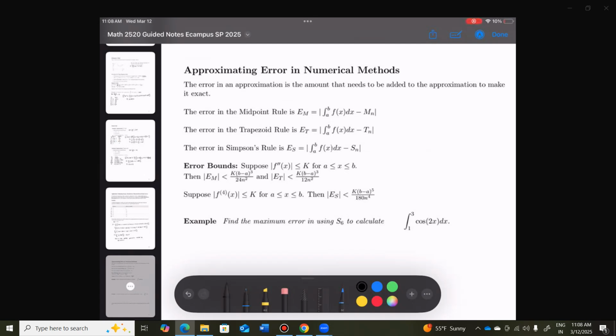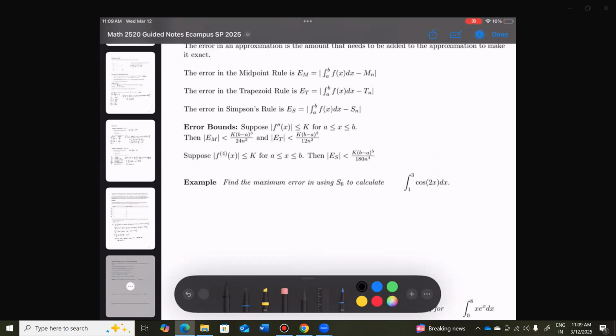For the trapezoid, it's very similar, but it's a 12 on the bottom instead of a 24. And for Simpson's rule, we use the fourth derivative in absolute value, and the error is less than or equal to k(b minus a) to the fifth over 180n to the fourth.